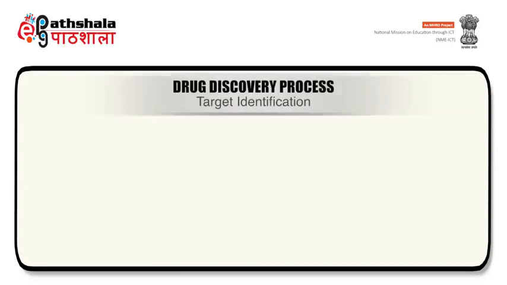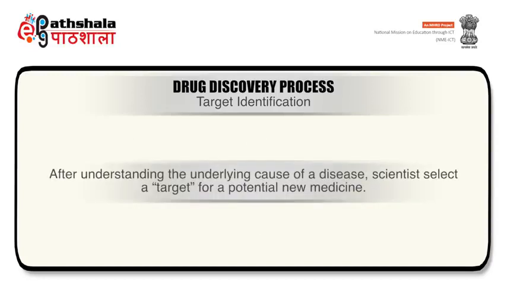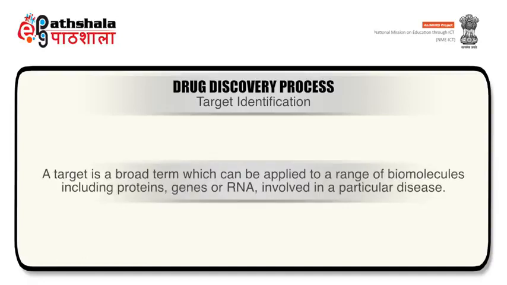The next step in drug discovery process is target identification. After understanding the underlying cause of a disease, scientists select a target for a potential new medicine. A target is a broad term which can be applied to a range of biomolecules including proteins, genes or RNA involved in a particular disease.